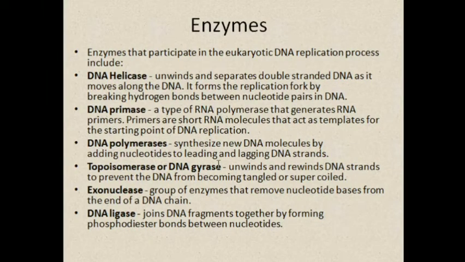Topoisomerase is also used for unwinding DNA so that it doesn't become tangled or supercoiled. Exonucleases are enzymes which remove nucleotides near the end of the DNA chain, and ligase is used for joining the fragments of DNA by forming phosphodiester bonds, mainly the Okazaki fragments.